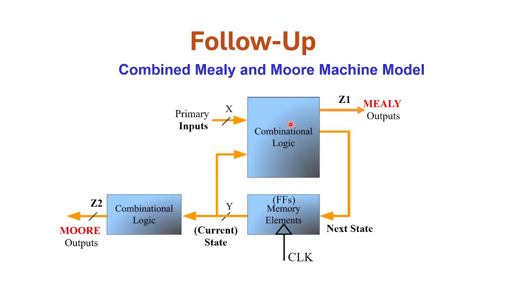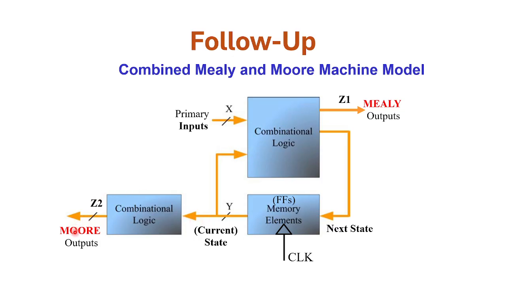The difference between this mixed Mealy and Moore machine and the Mealy machine only that we looked at so far in this presentation is that here we also have, in addition to the Mealy outputs, more outputs that can be implemented with another combinational logic circuit portion of the overall machine, whose input is only the current state.